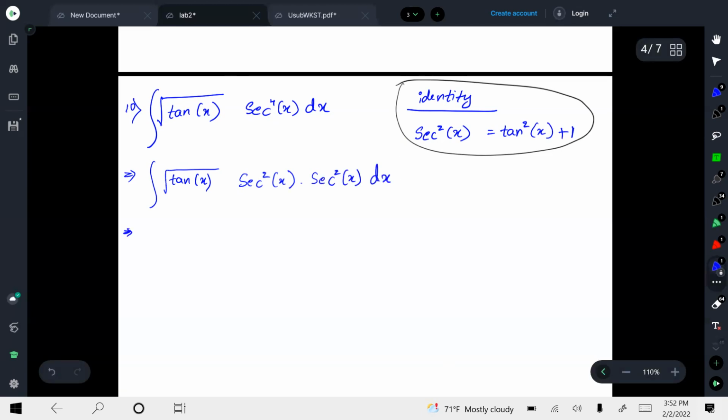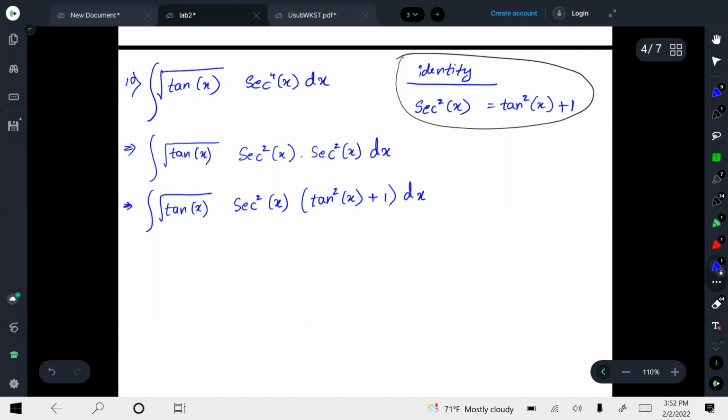Okay, now we are going to substitute the formula. Now I will just write this as the same thing. Now this secant square x is tan square x plus 1, right, into dx. Agree? Now what can I do? I will keep the secant square of x as it is, and I will multiply square root of tan of x to both the terms.